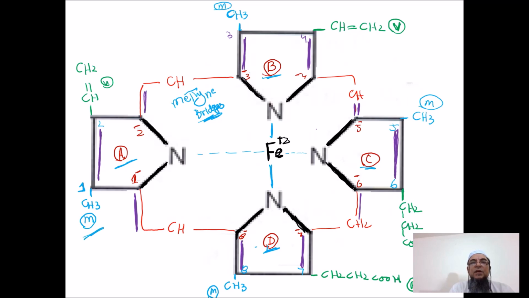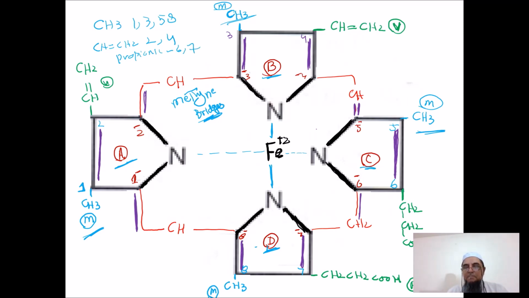CH3 at positions 1, 3, 5, and 8, the methyl groups. Vinyl groups, CH=CH2, at position 2 and position 4. Propionic acid at position 6 and position 7. And alternate double bonds.